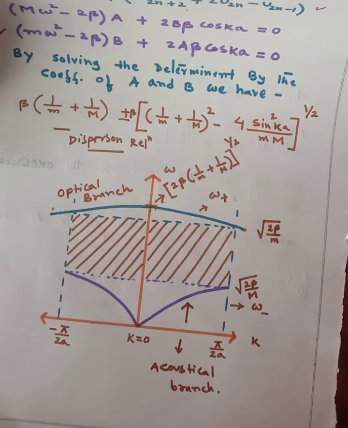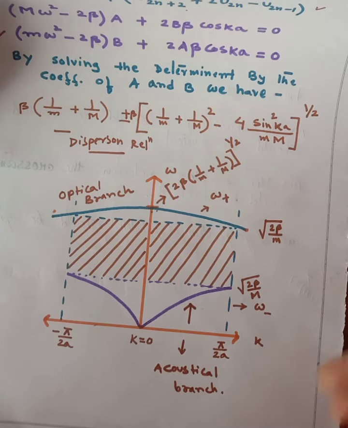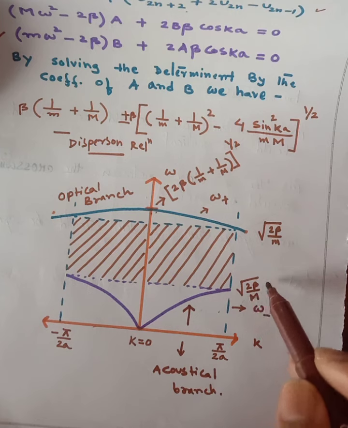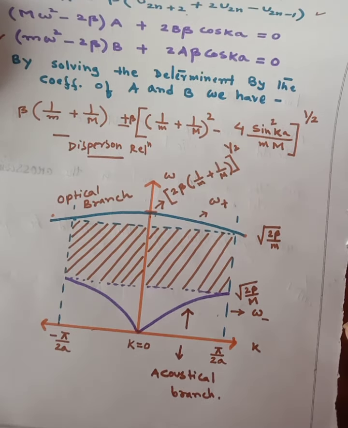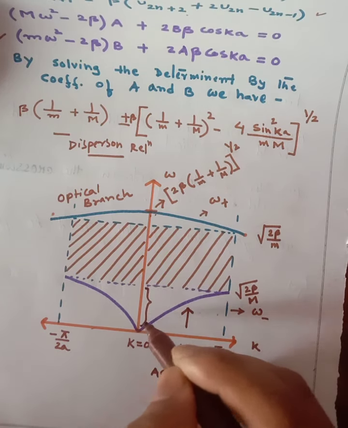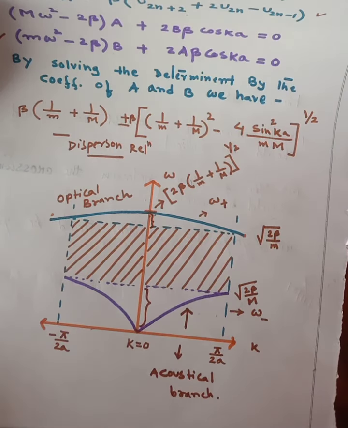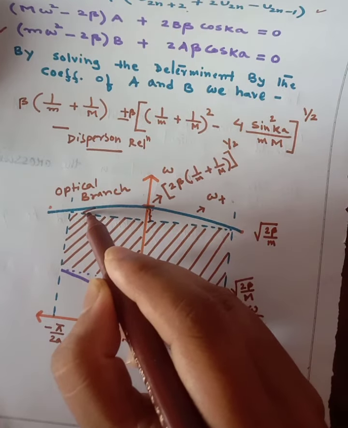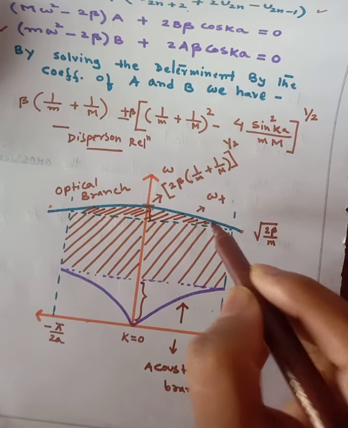This is the maximum value of omega plus, that is, its optical branch, while the maximum value of the acoustical branch is root over 2 beta by M. The interesting thing about the graph is that these are the allowed frequencies in lattice vibration, which means that if we strike a crystal with an electromagnetic wave such as light, this range of frequency is allowed for the vibration.